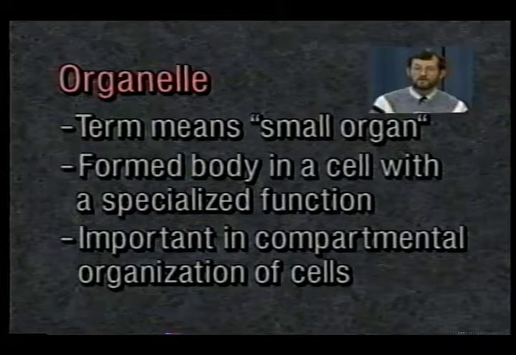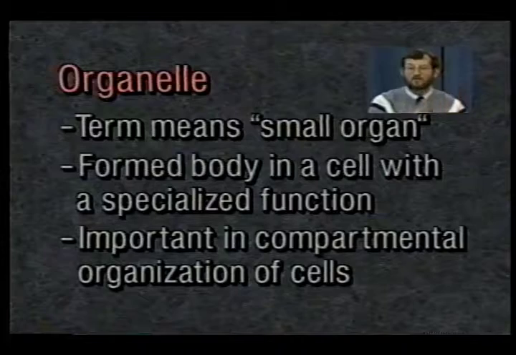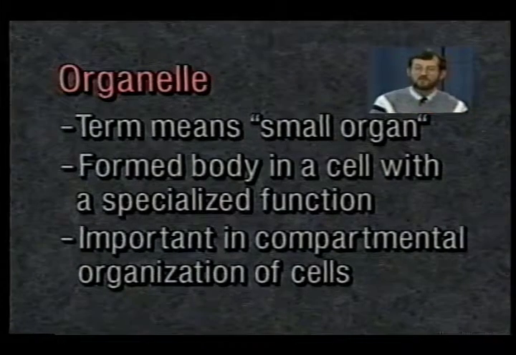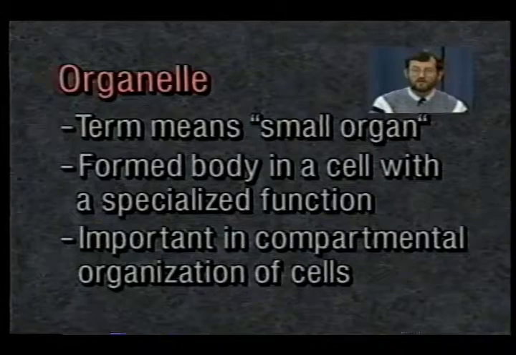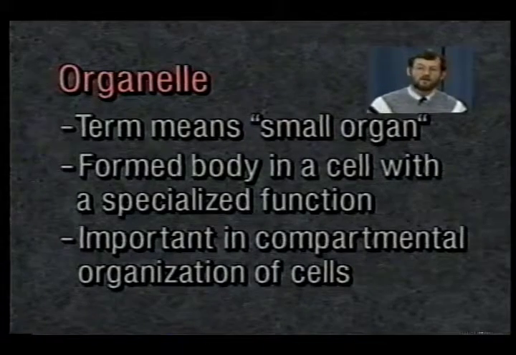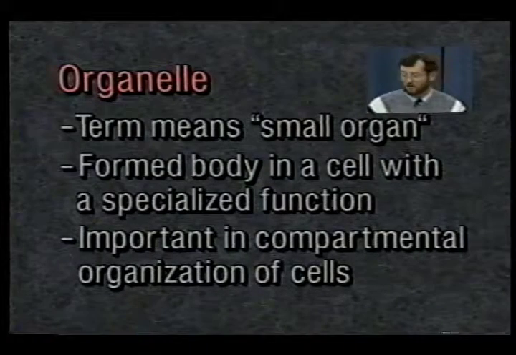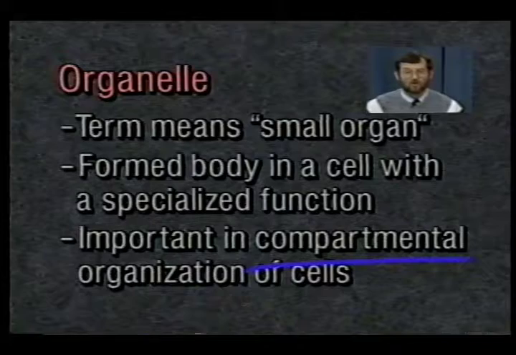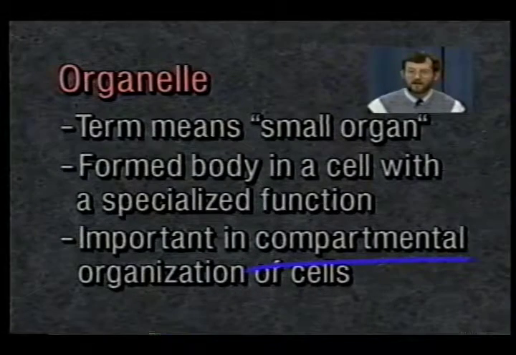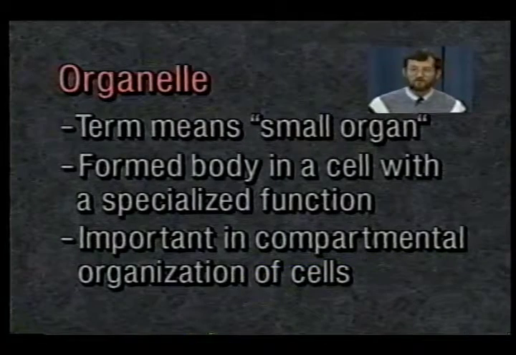Yeah, it's good for doing some things, but if you then put in floors, break off offices and rooms and so forth, if you compartmentalize that large space, now you have the ability to get a lot of different functions all done simultaneously without one interfering into the other one. So the organelles are going to be extremely important in this compartmentalization role and the organization of cells. We're going to be spending some time looking about how each organelle is put together, what their particular functions are, and so forth.